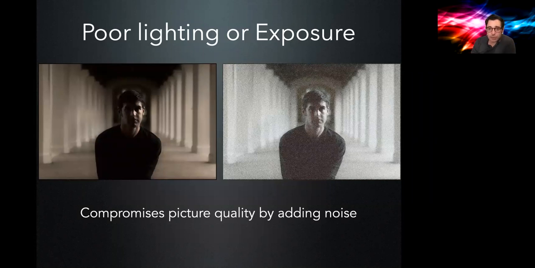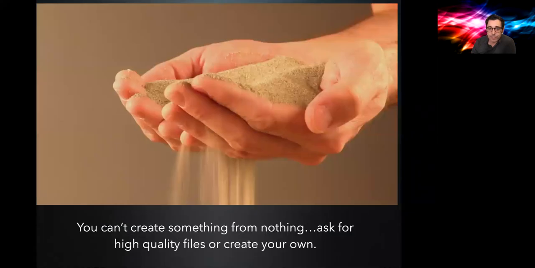We talked about that before. And it's important to get this right in the camera, because there's only so far you can go with processing a poor image in Photoshop. It's best to get it right in the camera, in the field, or to get a properly exposed image, get the original right, and then you'll have a high quality file to work with.